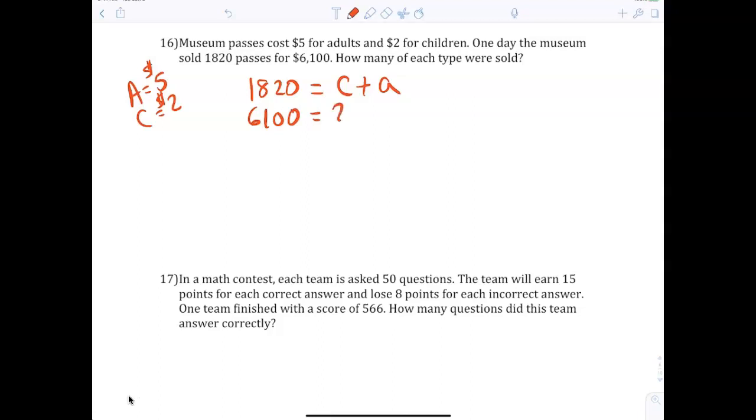Yes, that is it, buddy. 2C plus 5A. Right? Because $2 and $5 represent the cost. That's it. That's how simple. Nothing to it. How many people went to the museum?